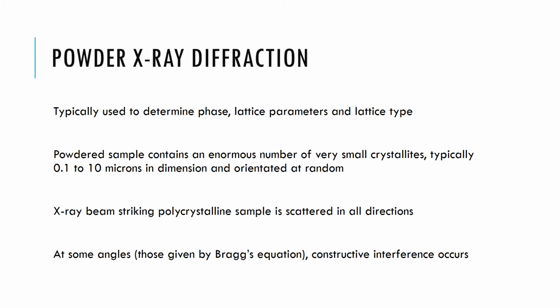So therefore, the X-ray beam, when it strikes what we call a polycrystalline sample, is scattered in all directions. And indeed, at some of these angles, given by the Bragg equation, constructive interference occurs.